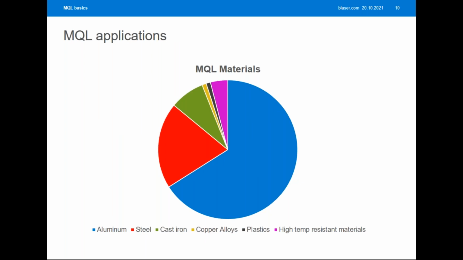Here you see the different materials being processed with MQL, and the big part is aluminum, second one is steel, and third one is cast iron. And what is coming more and more are high temperature resistant materials, but they are even more complex than just a standard MQL process.